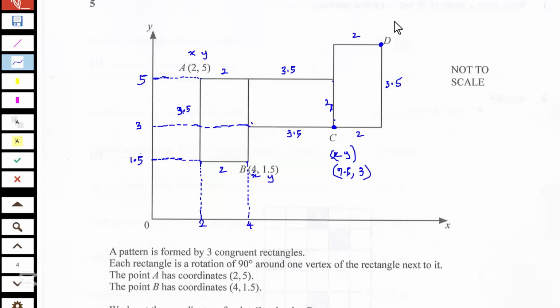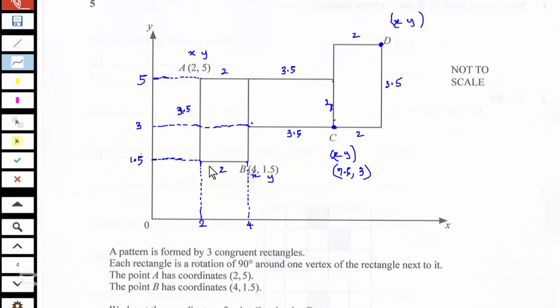Now let's find the x and y value for point D. To find the x value, we start counting from the x coordinate, this is 2.